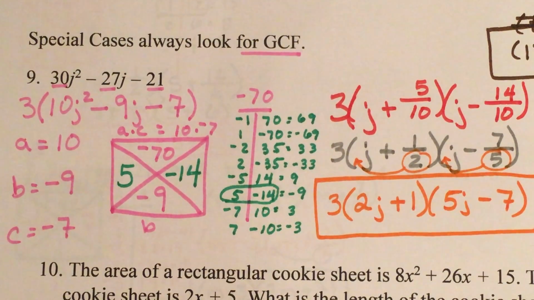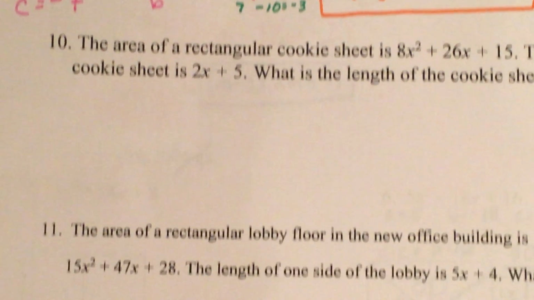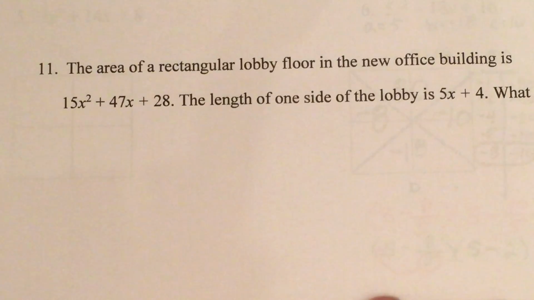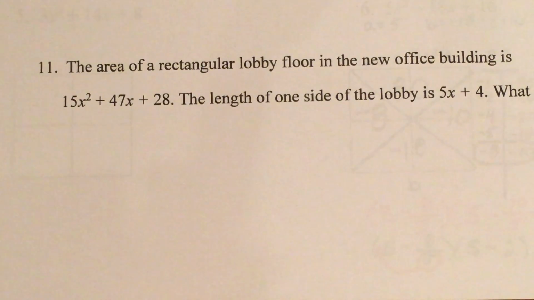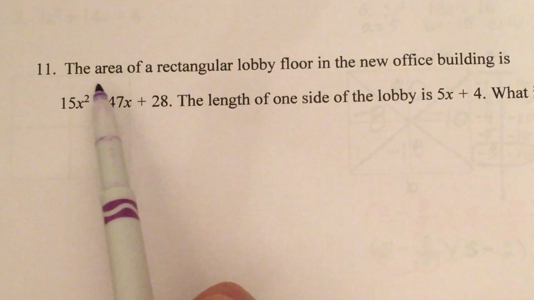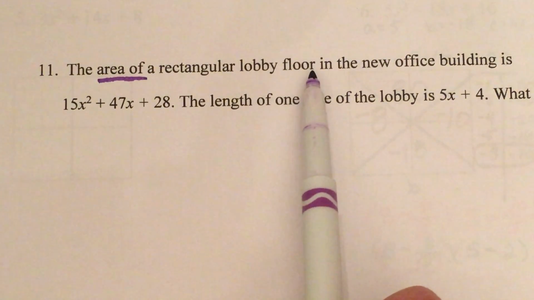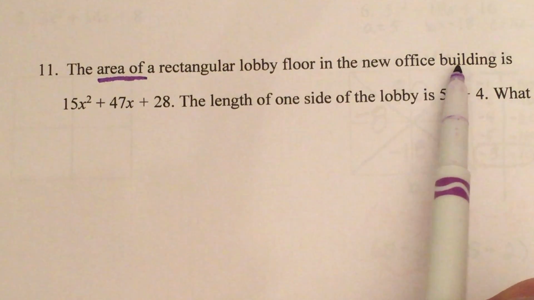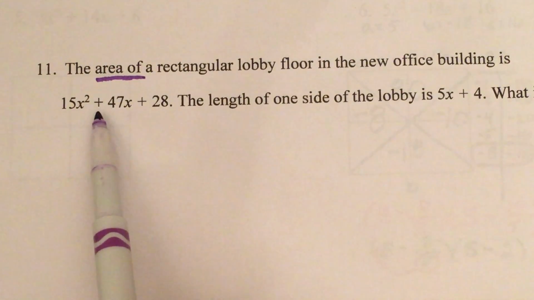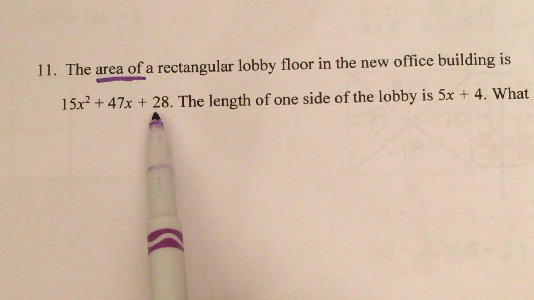All right, let's do one more problem together. Let's go look at number 11. So problem number 11 says the area of a rectangular lobby, remember this, the area, they do this, of the lobby floor in a new office building is this giant polynomial, 15x squared plus 47x plus 28.